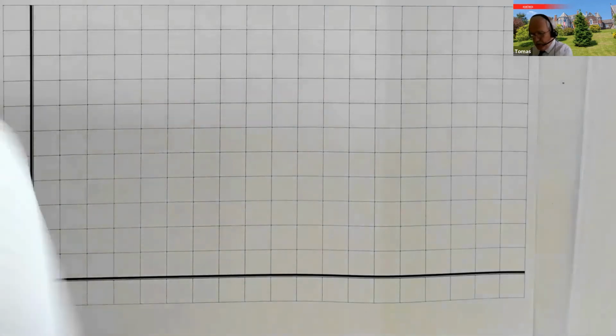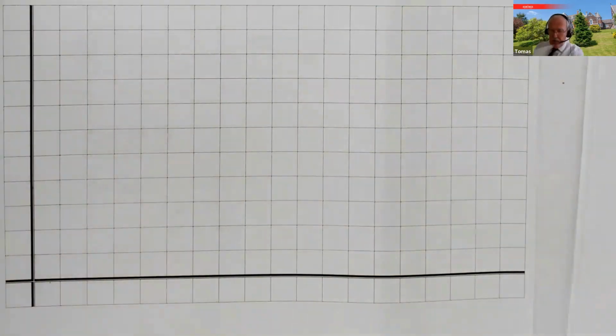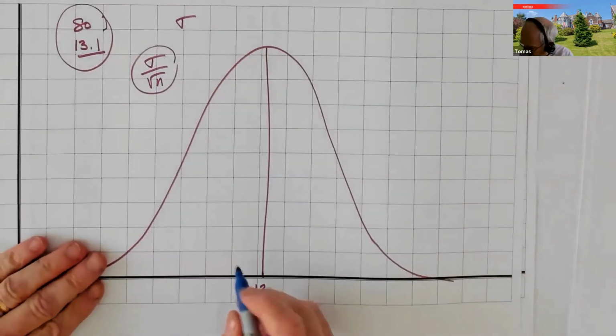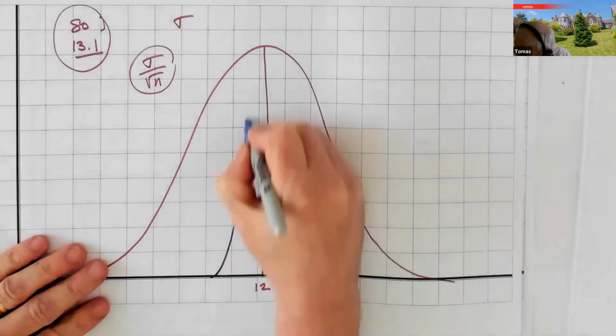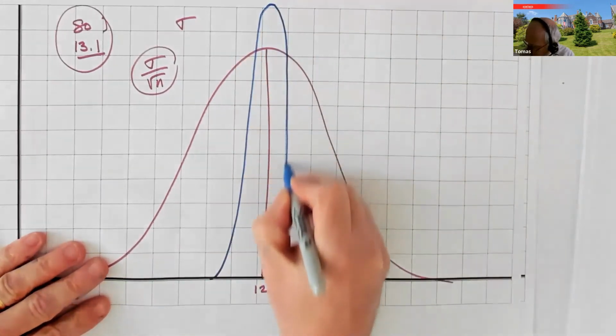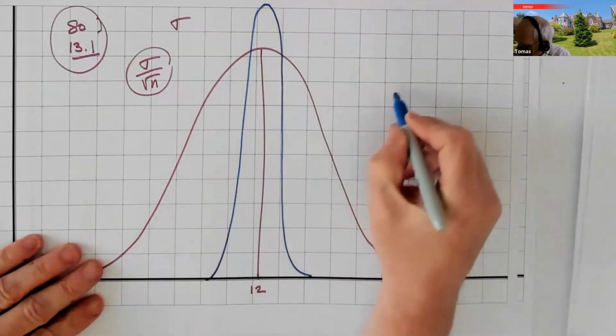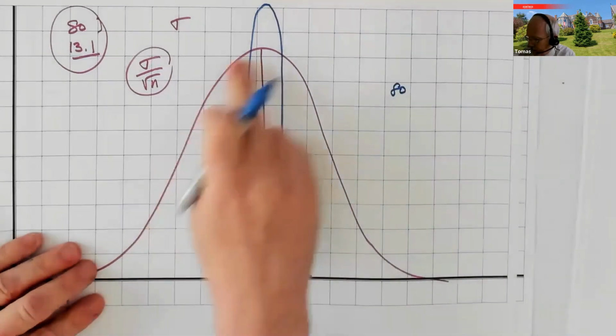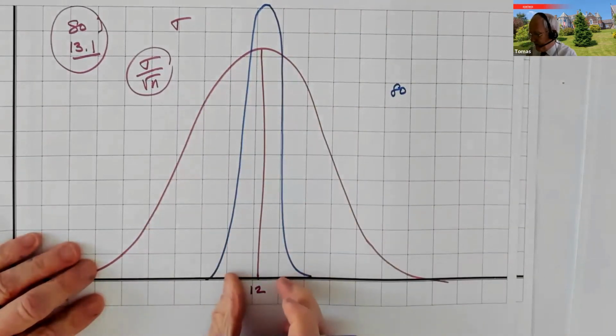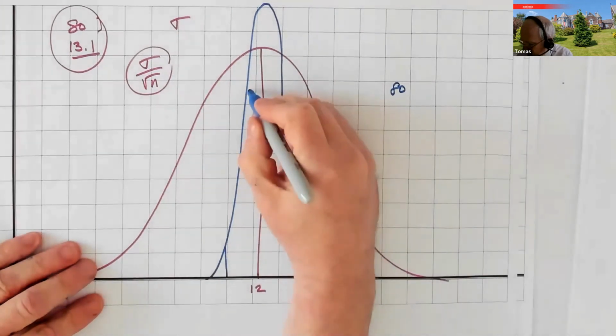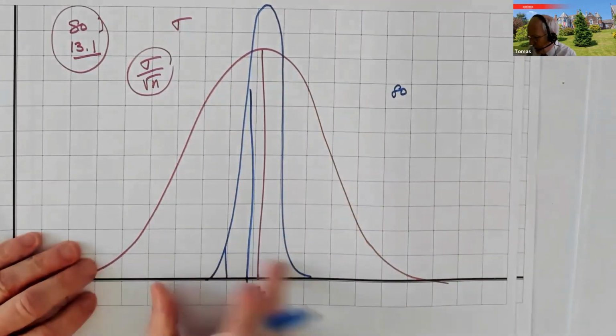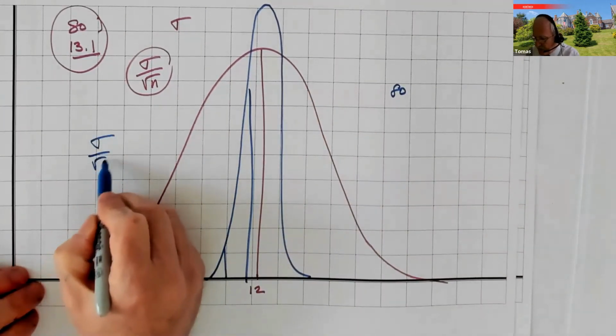So effectively we're talking about a much tighter curve, because this is a sample of 80 people. It's not like individual weights, it's the averages of. So the standard deviations have got a lot tighter. They're no longer sigma, but sigma over root n.